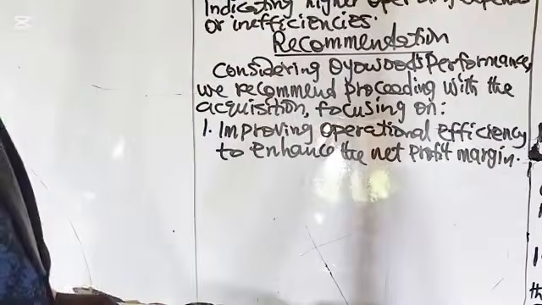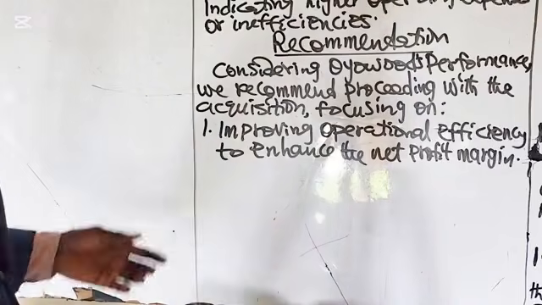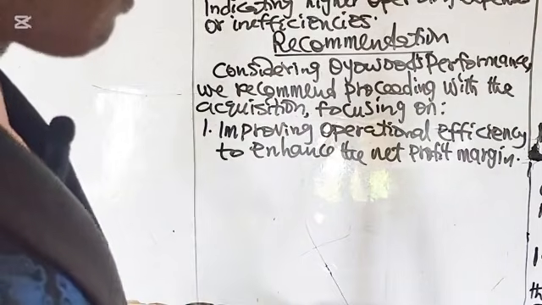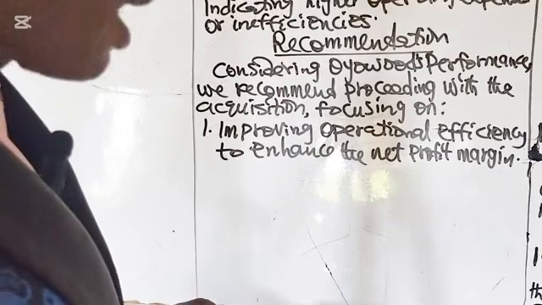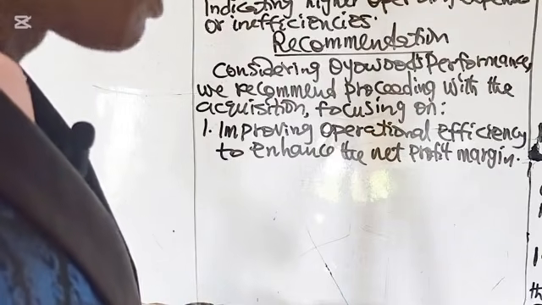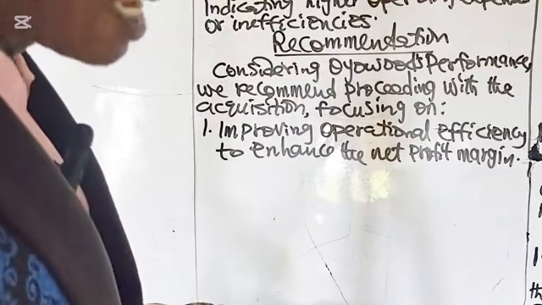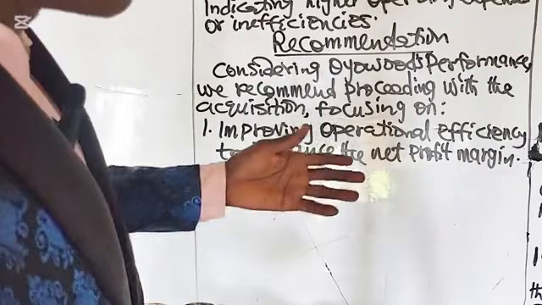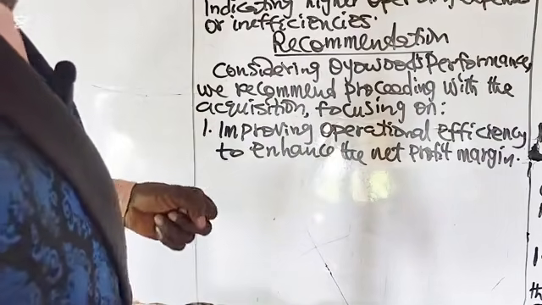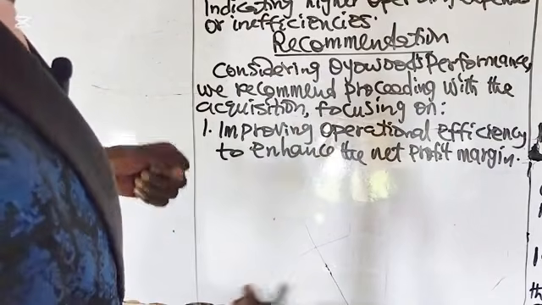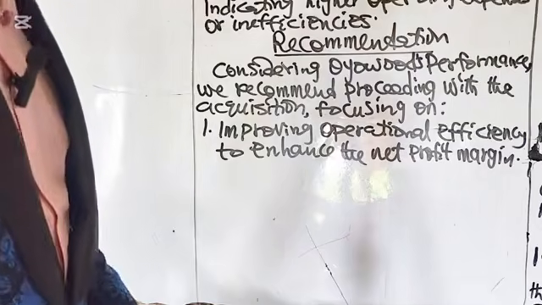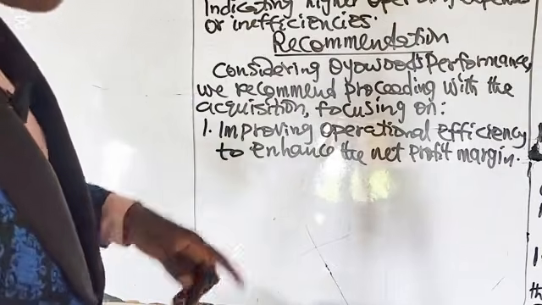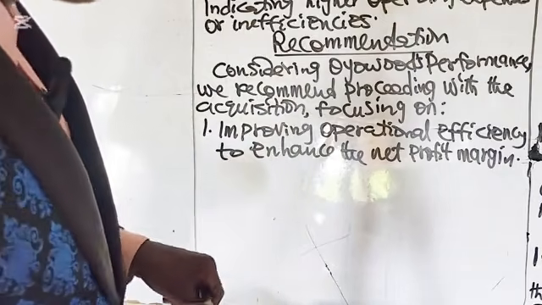That is number one. Our number two discussion is on net asset turnover. We concluded that Oyo Wood has a better net asset turnover, and this improvement shows a higher efficiency in the management or utilization of their assets. What could be the possible recommendation on that?